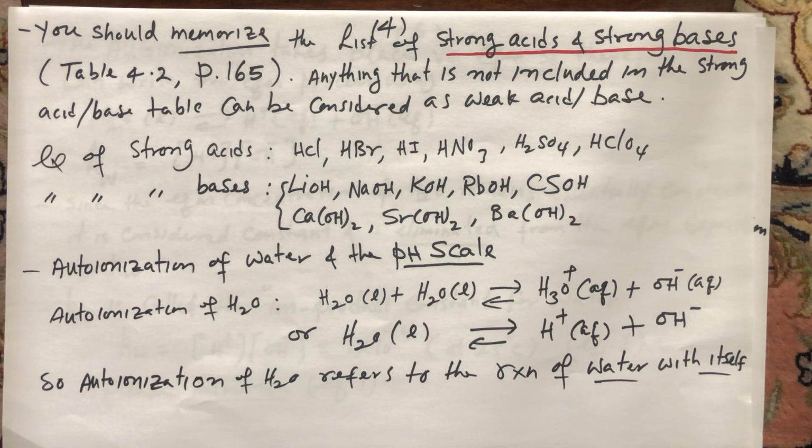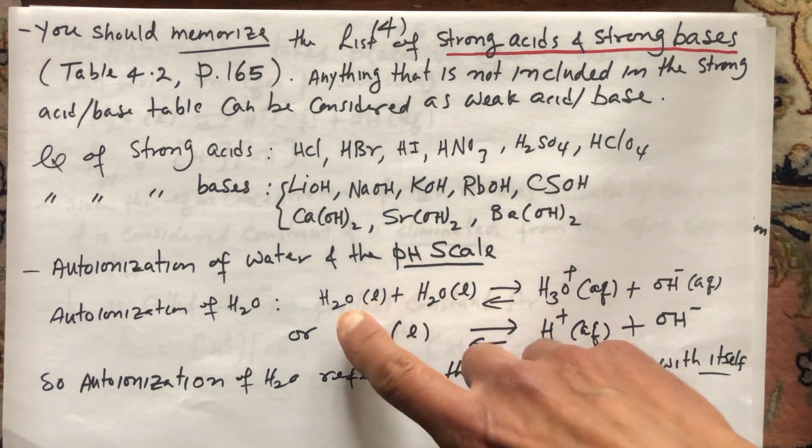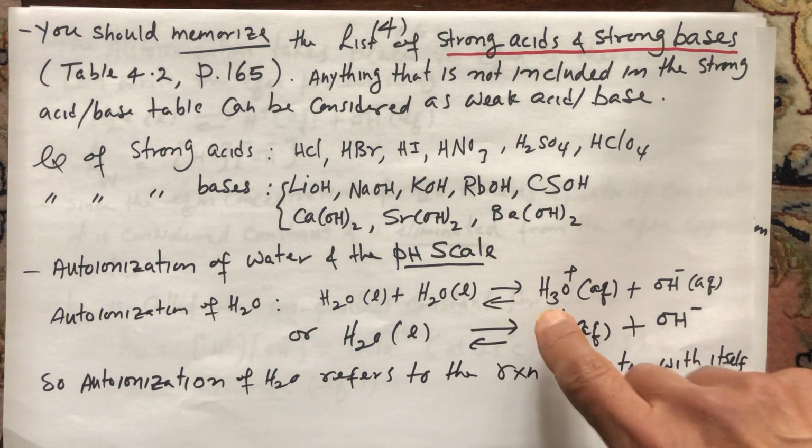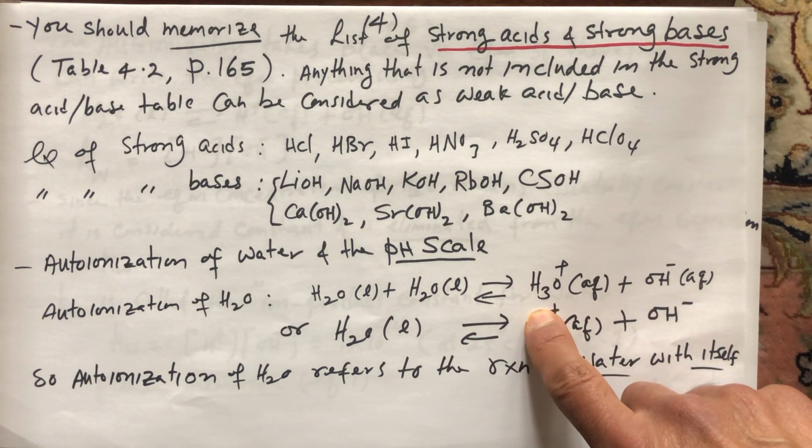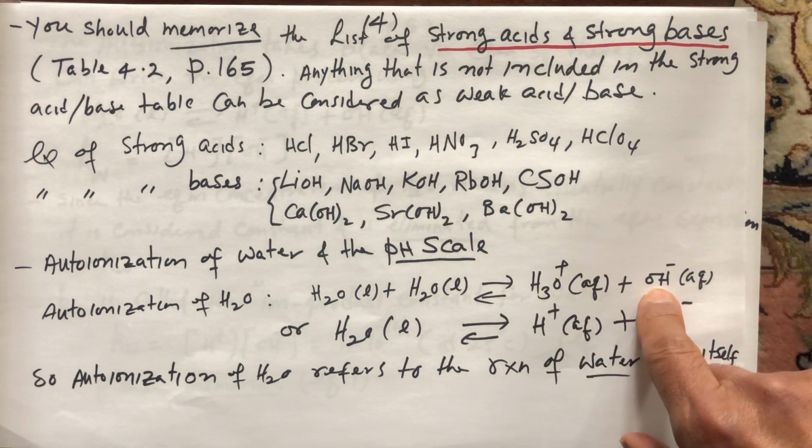Okay, so the next concept that we are going to look at is called autoionization of water and the pH scale. Autoionization of water refers to the reaction of water with itself, according to this reaction here. So the water reacts with itself to form H3O plus hydronium ion and OH minus hydroxide ion.